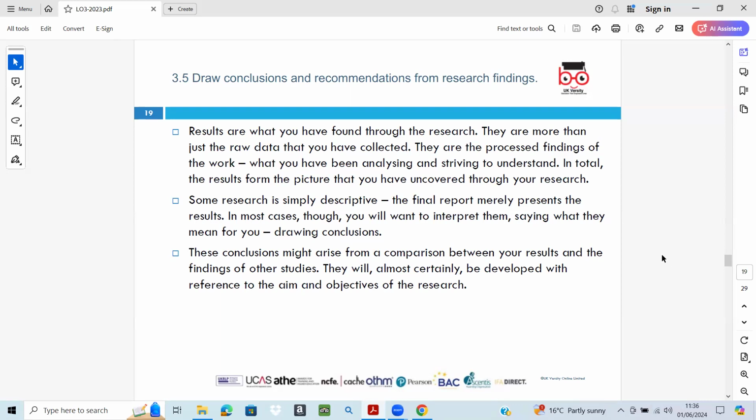Then we have to draw some conclusions. So drawing conclusions requires reflecting on the results, comparing them with existing studies and aligning them with the research objective.